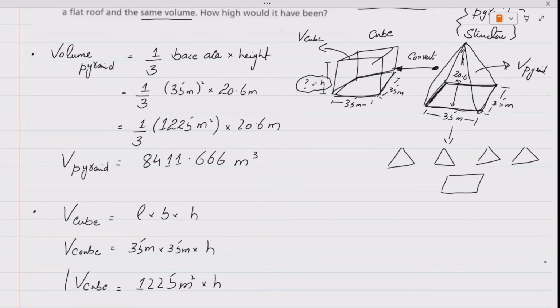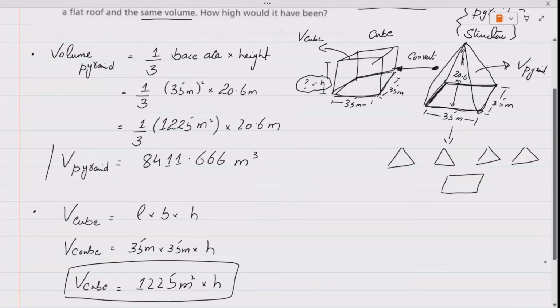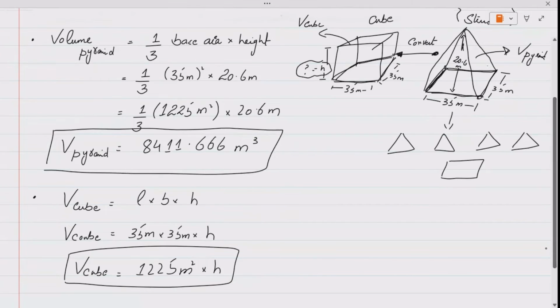Okay, so we got these two things. Now the next thing is to equate both of them. What we mean by equate is that the volume of a pyramid is equal to the volume of a cube, right?